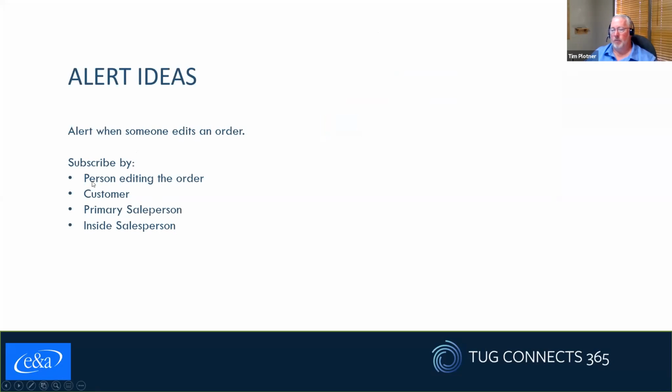So hey, anytime Jane makes a change to an order, I want to know it. Jane doesn't necessarily know that you have created this alert, but you could create that and subscribe to it. When the order is for a specific customer or salesperson, you can subscribe on those scenarios.